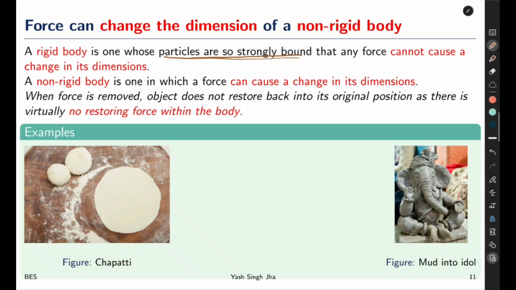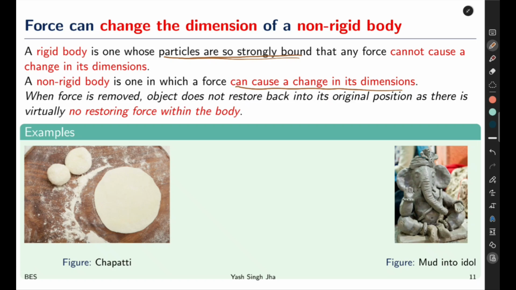A non-rigid body, on the other hand, is the opposite of a rigid body. What do I mean by that? A non-rigid body is one in which force can cause a change in its dimensions. Simple.